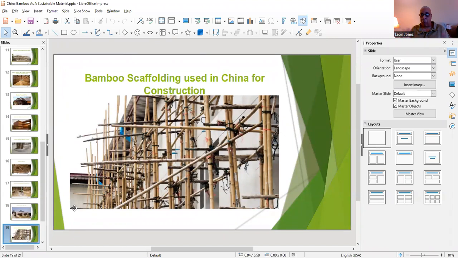Now, the question is, can you grow it here in the United States? You probably could, but they're going to have to come up with a facility that can house it. Because again, this is a tropical grassy type of material.